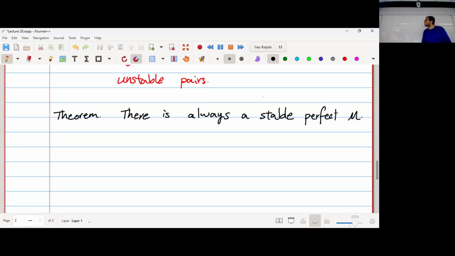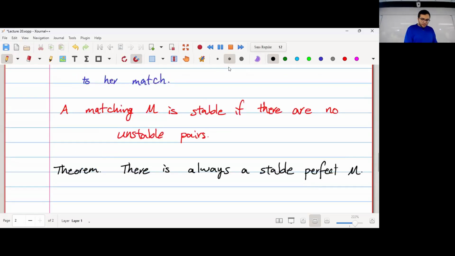With any combination of preferences, there is always at least one matching M which is perfect, meaning that it matches everyone, and it's stable, which means that it doesn't have any unstable pairs.